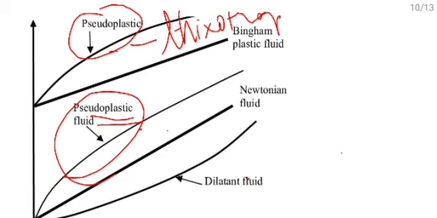With this I am concluding Newtonian and non-Newtonian fluids. I have discussed the examples also. So this is Newtonian fluid. Bingham plastic fluid I have already explained. Example: drilling mud.